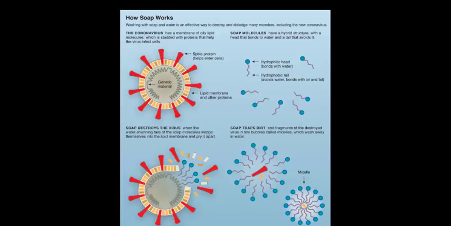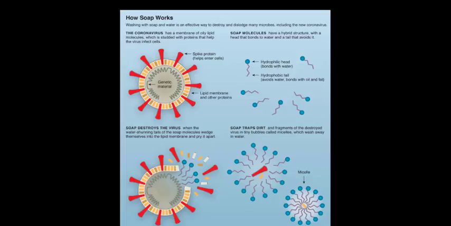So because they have that same structure, if we look down here at the bottom, they wedge into the lipid bilayer and break it apart, and then start forming almost like their own little membrane around those pieces of the virus or the bacteria, depending on what it is, that they broke apart.